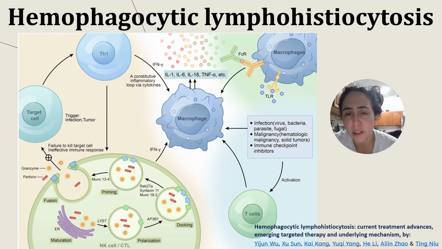This could be caused, I know in my previous video I said multiple myeloma, and that is correct. But it's not just that. It's not just a plasma cell malignancy. Really, infections can cause this, malignancies can cause this, viruses, bacteria, but even chemotherapy.